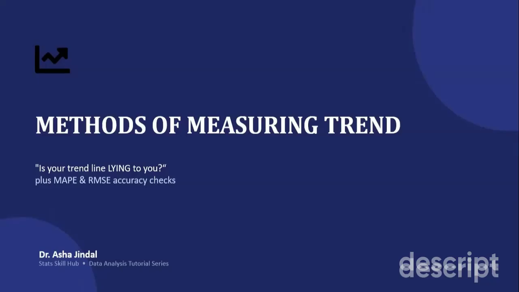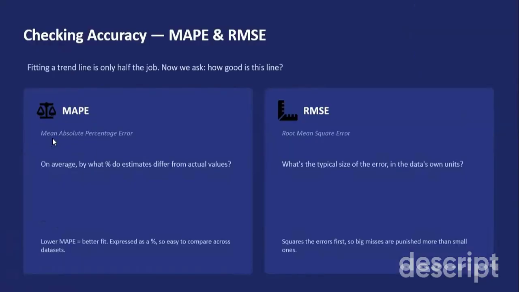Stick around because at the end I will show you what happens when a straight line just is not enough anymore. Fitting a line is only half the job. The real test is how far off it is from reality. We use two tools.